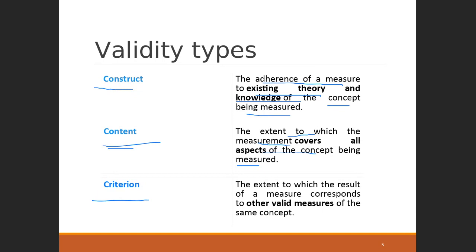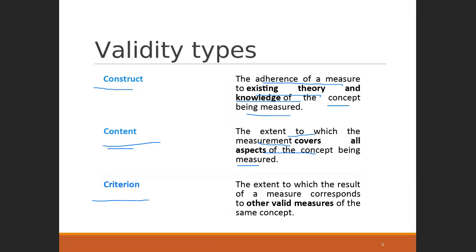For instance, if I develop an end of semester research methods examination paper for the class, that exam should cover all the research concepts which we have discussed during the course of this semester. If some concepts are left out, then the examination paper is not an accurate representative of the concepts which we have studied, and the results of students may not be an accurate indication of students' understanding of the subject.